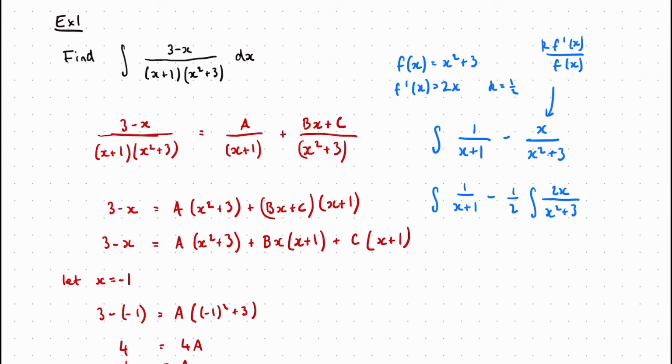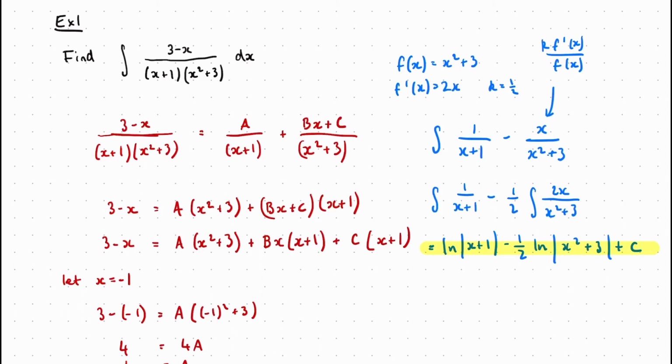So we're going to be left with log of x plus 1 minus a half log of x squared plus 3 plus c. And that is our final solution for that question.